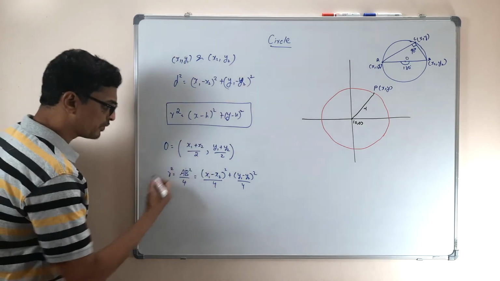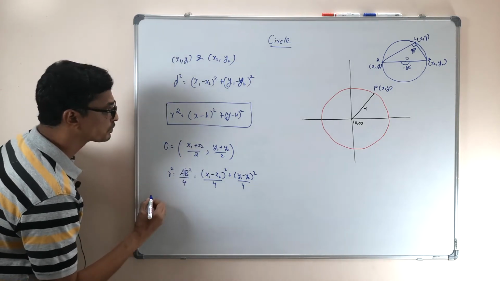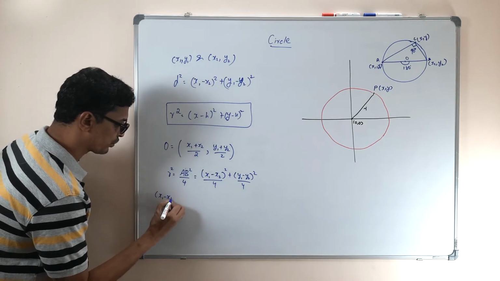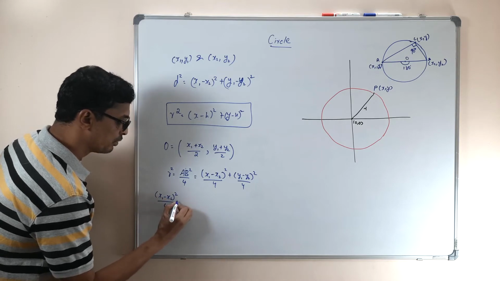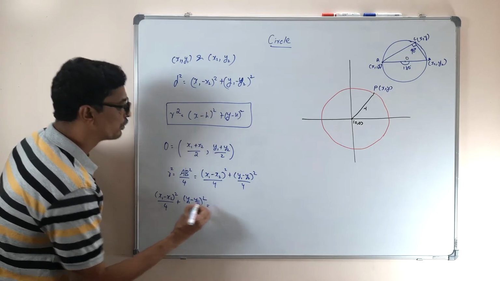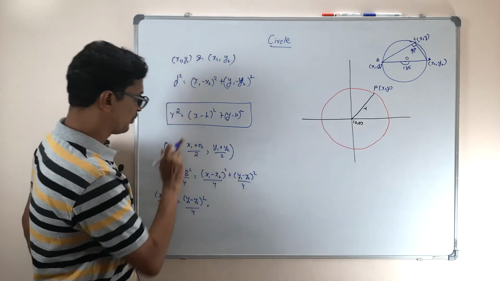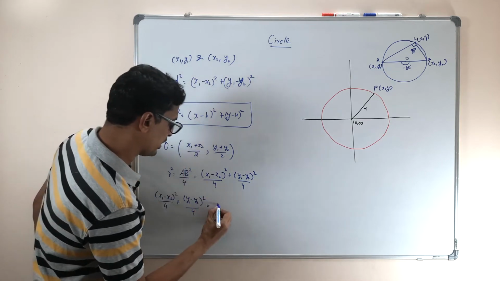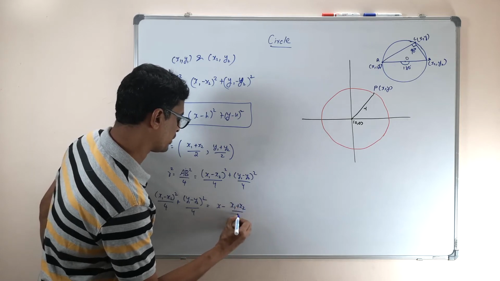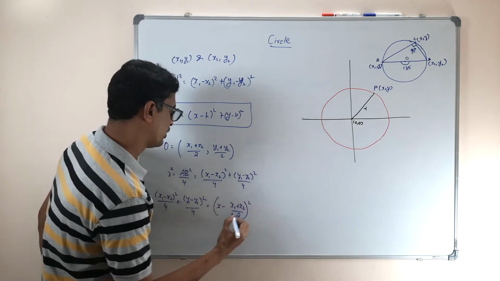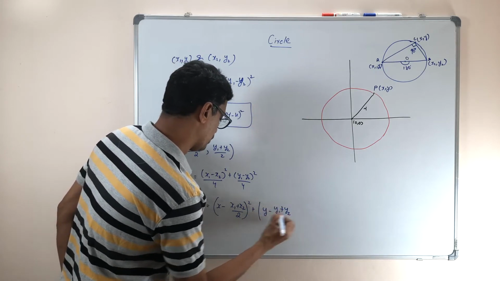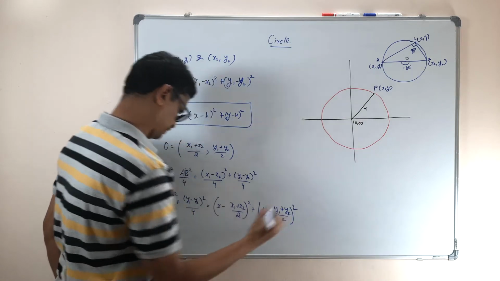Do it, you'll get the formula. R squared equals x1 minus x2 whole square by 4 plus y1 minus y2 whole square by 4 equal to x minus h, this is the center, x minus x1 plus x2 by 2 whole square plus y minus y1 plus y2 by 2 whole square.